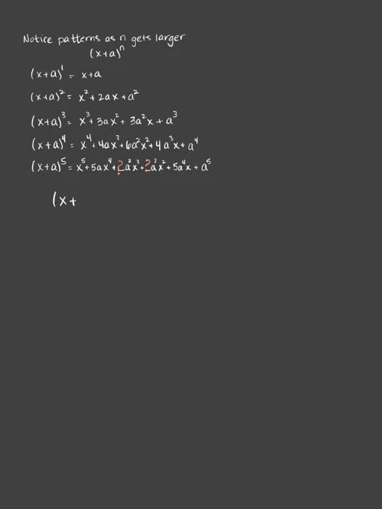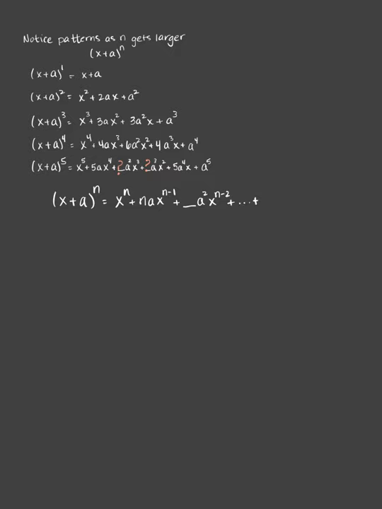Can we generalize this to the situation where x plus a is to any arbitrary nth power? Our first term will be x to the nth, followed by a coefficient of n, a raised to the first power, and x raised to 1 less, so the n minus 1 power, plus our next unknown coefficient, and then we have a now to the second power, and x loses one more value for its power, n minus 2.